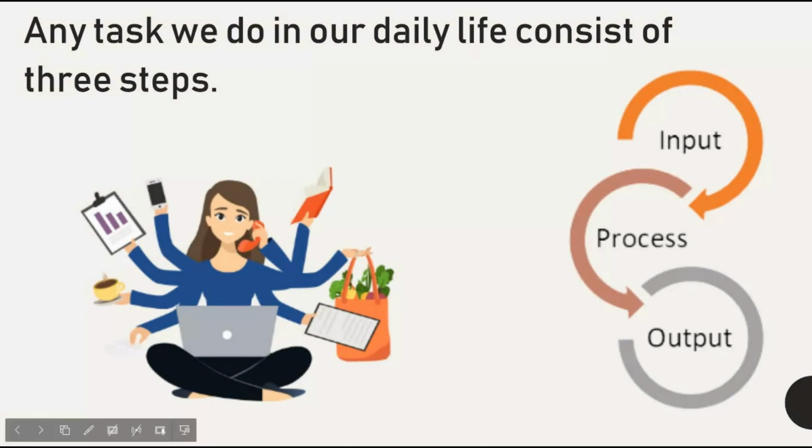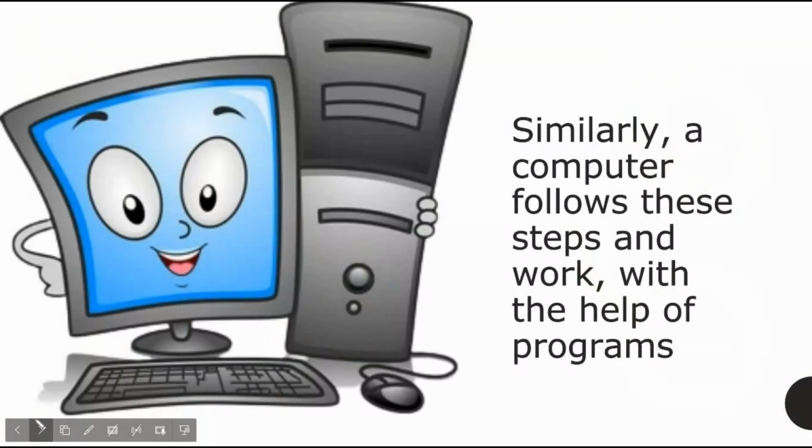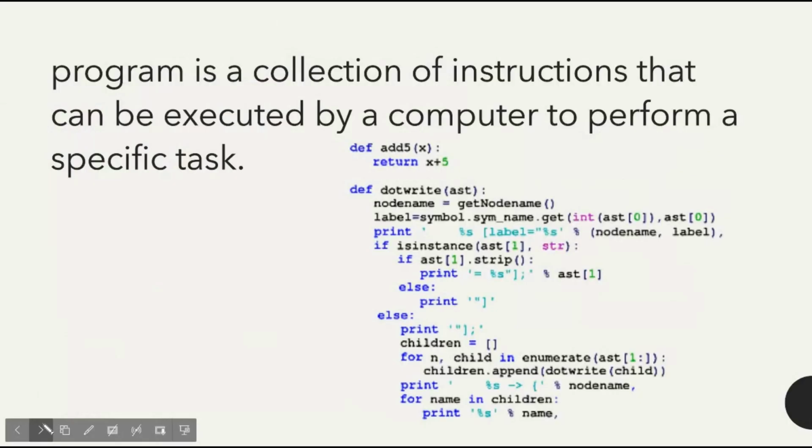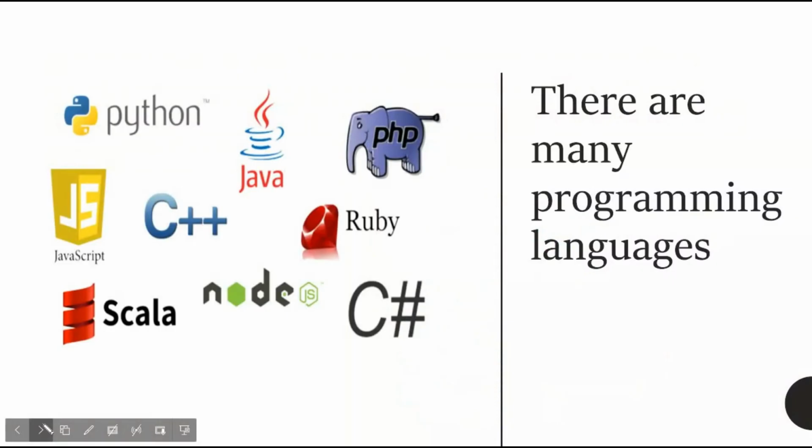So anything we do in our daily life consists of 3 steps. Similarly, a computer follows these steps and works with the help of programs. So what's a program? A program is basically a collection of instructions which we give, which is executed, meaning run, by a computer to perform a specific task.